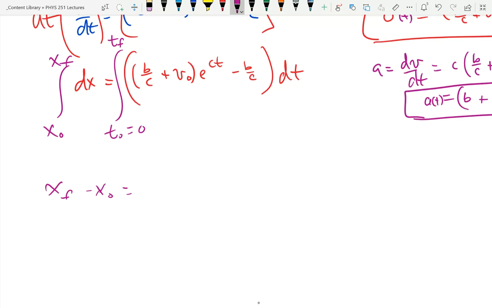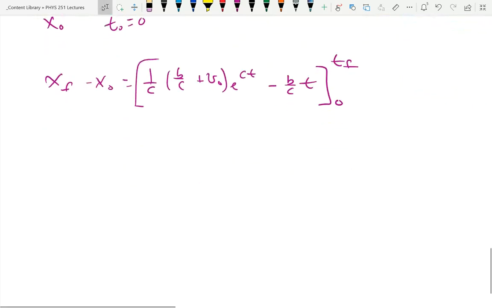So I'm going to have, and the integral of a constant. Got to put in our limits. When I put in those limits, remember e to the 0 is 1. So I'm going to have a total of 3 terms when I'm all done.